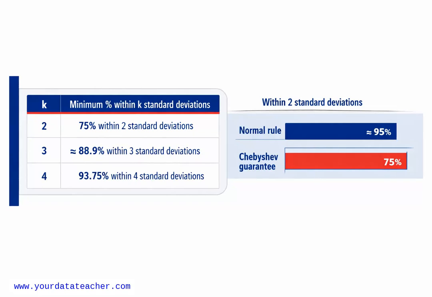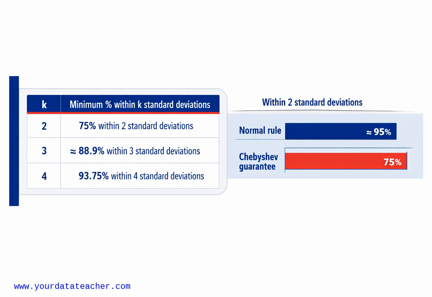Now let's turn those formulas into concrete numbers. On the left you see what Chebyshev guarantees for different values of k. For k equals 2, it says at least 75% of all observations must lie within 2 standard deviations of the mean. For k equals 3, the guarantee becomes at least about 88.9% within 3 standard deviations.